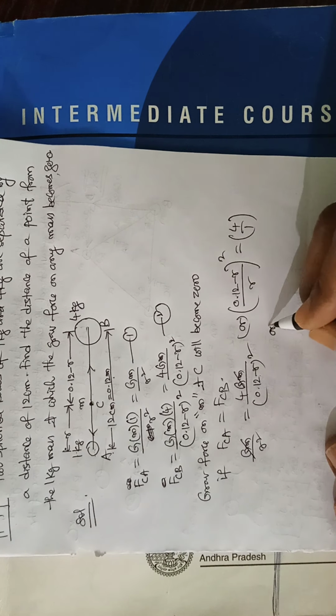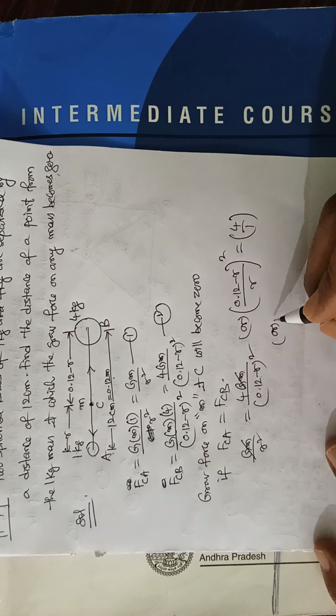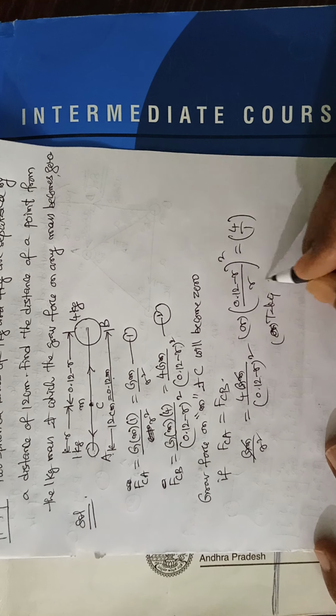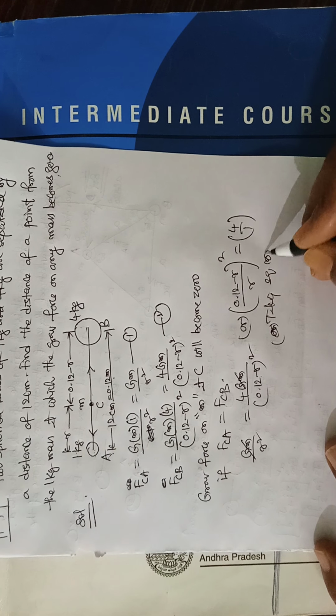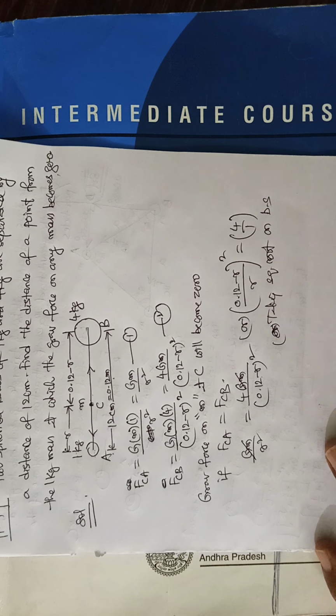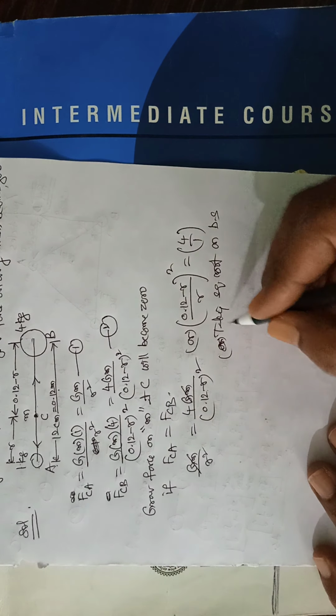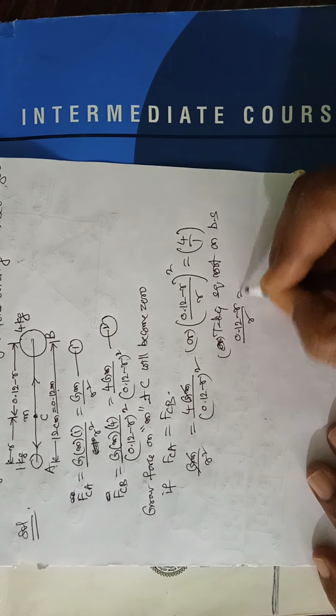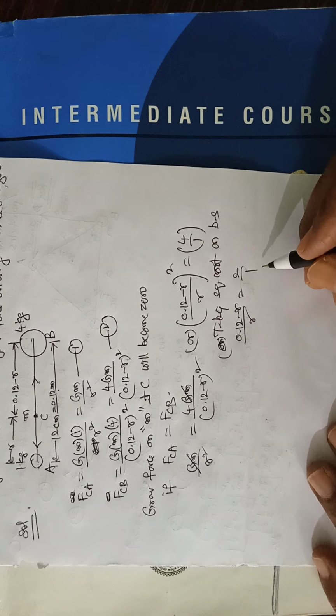Therefore, here you can write, taking square root on both sides, 0.12 minus r by r is equal to 2 by 1.